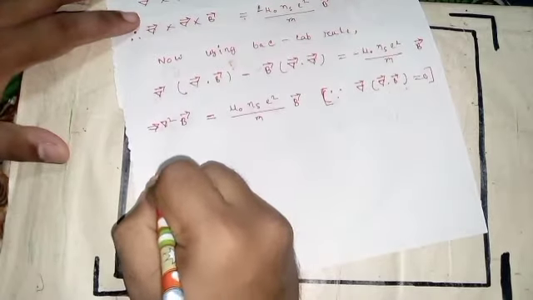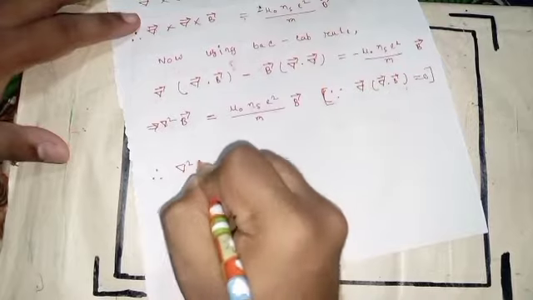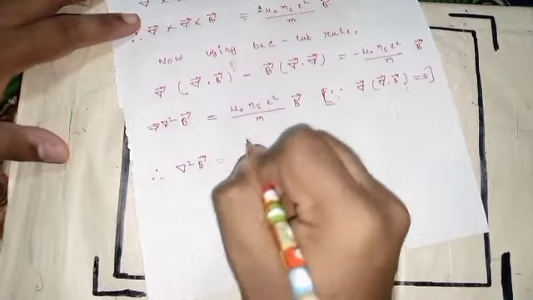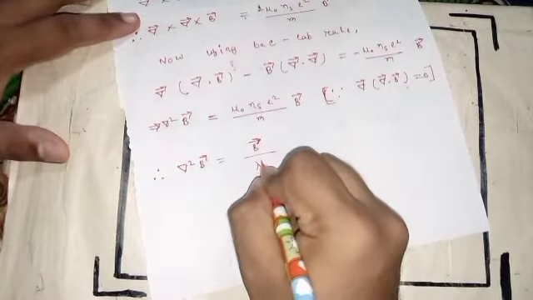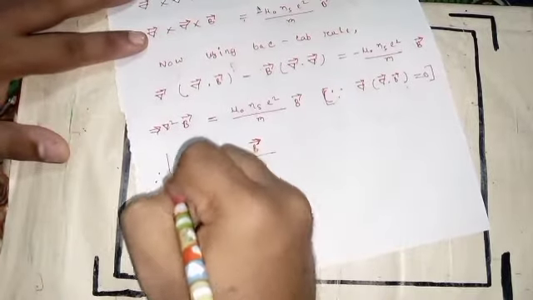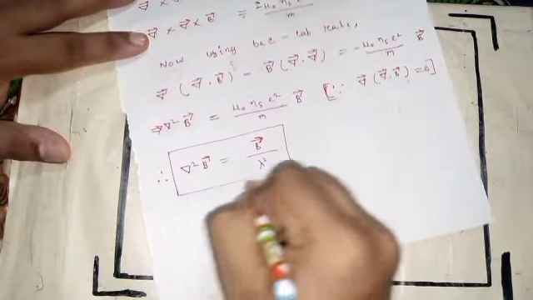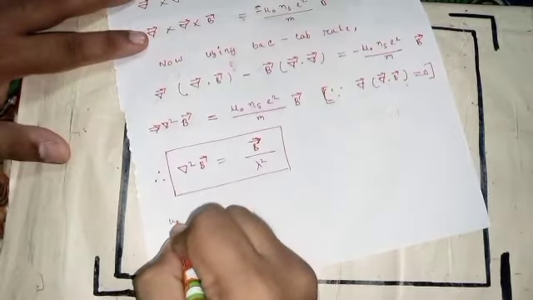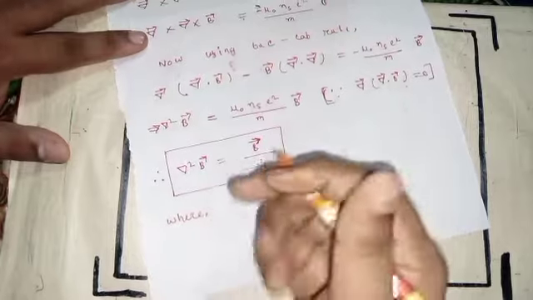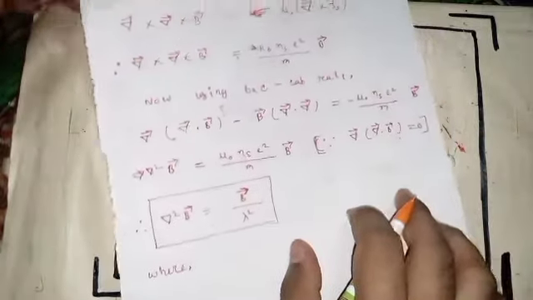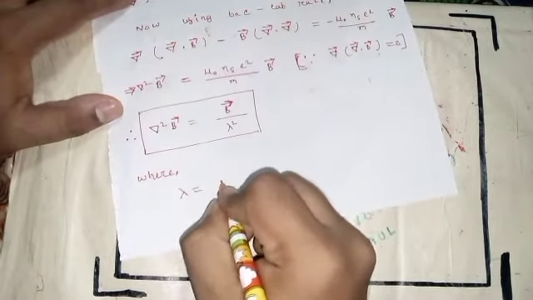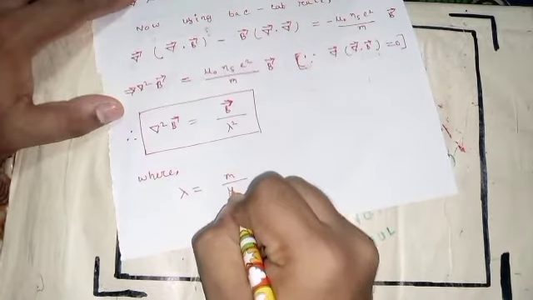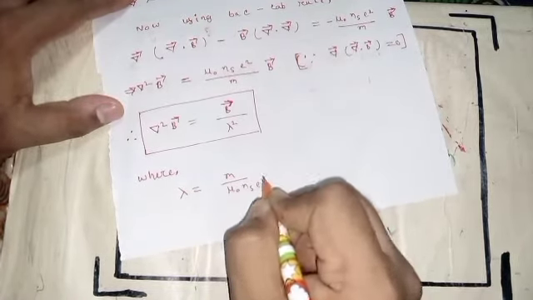Here, B vector by lambda square, where now we define a term with the help of this equation. If we compare these two equations, we can write lambda as m by mu naught ns e square.